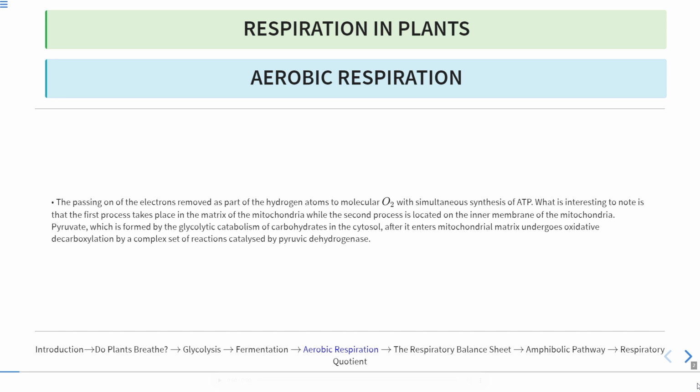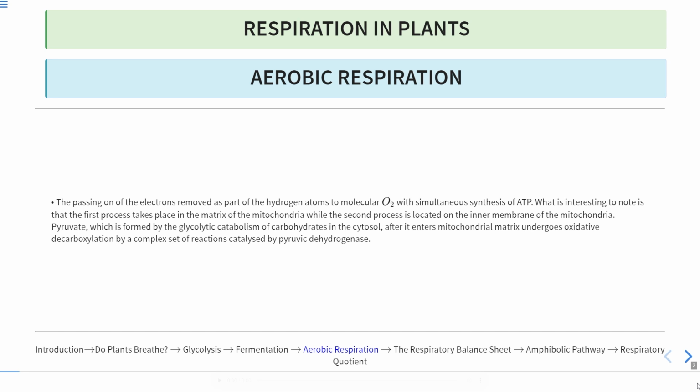So these are some of the coupled reactions occurring simultaneously. The electrons are passed from one component to the other, and the hydrogen atoms are also removed, right? And when hydrogen atoms are removed, one thing gets synthesized. What is that? ATP, right?